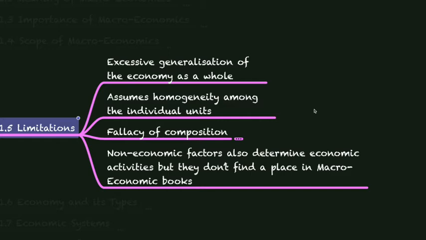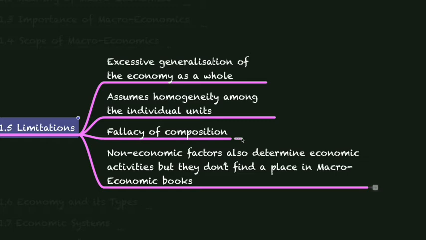What these two terms generally mean is, in macroeconomics, we don't study the individual units separately as we do in microeconomics. All the different aggregates like poverty, unemployment, they all need to be studied individually. But sometimes it generalizes the whole economy into some single units. So this causes trouble in understanding.